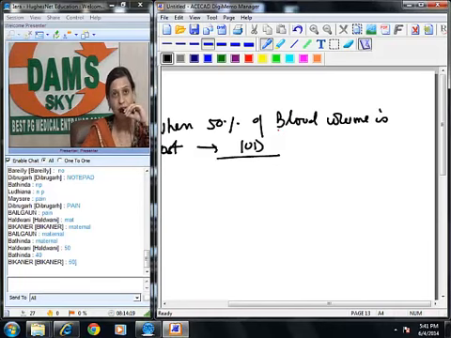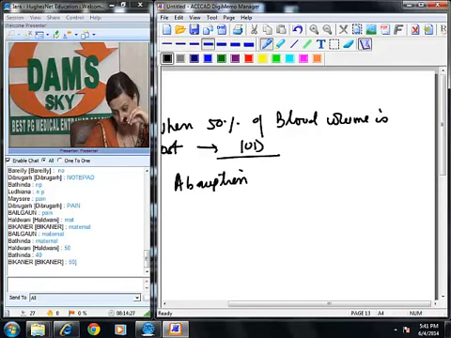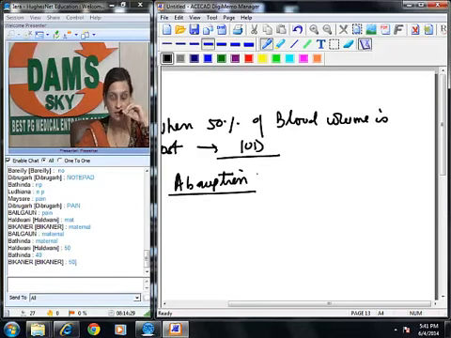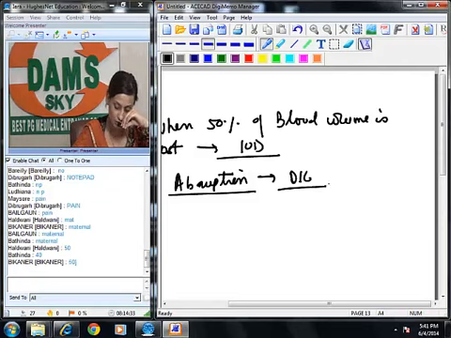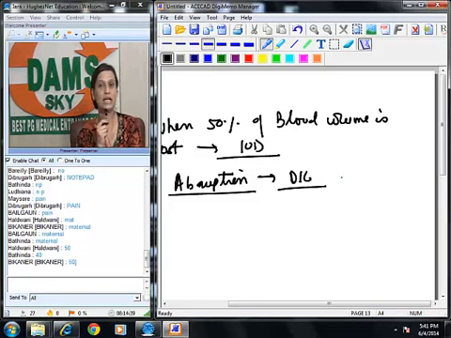Now just a few minutes back, I had said that in abruption there is risk of disseminated intravascular coagulation. Now what is the cause of DIC in abruption?